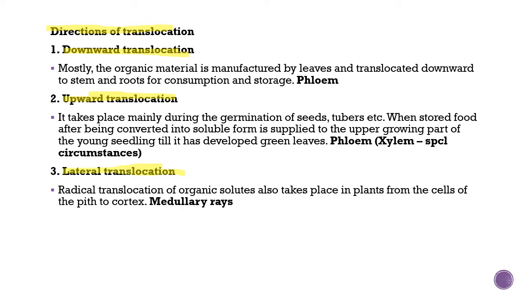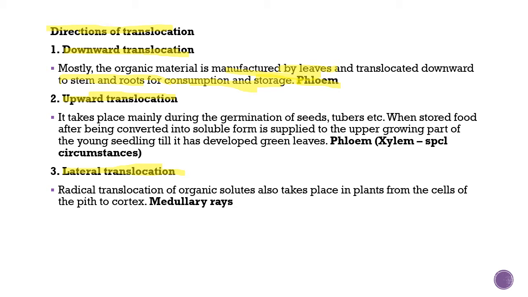In downward translocation, the organic material is manufactured in the leaves, as I said earlier, by the process called photosynthesis, and it is translocated downward to the stem and the root parts. These organic food materials are then used for consumption, and can also be used as a storage medium. And this translocation is facilitated by the phloem vessels, especially by the sieve tubes that are present in the phloem.